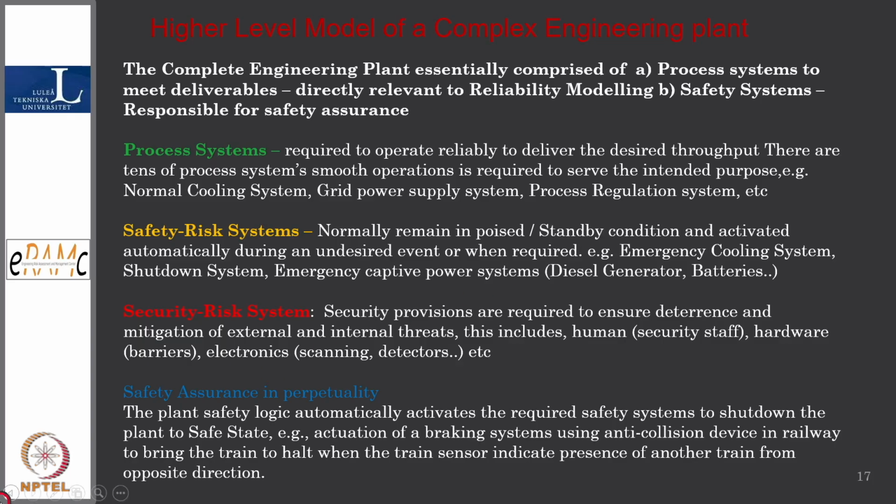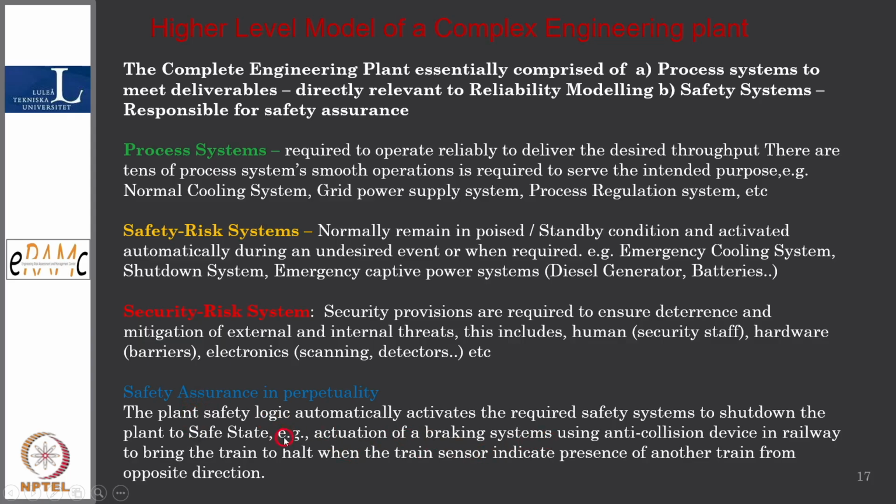Here the plant safety logic works automatically, because from process to safety mode we come because there is an inbuilt plant control logic, protection logic, which activates the safety system and brings the plant to safety.